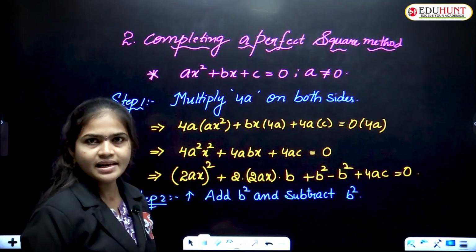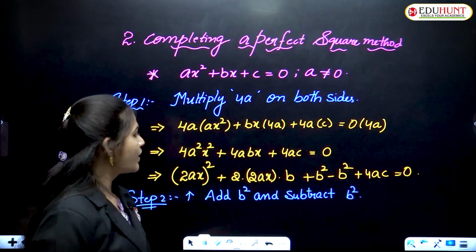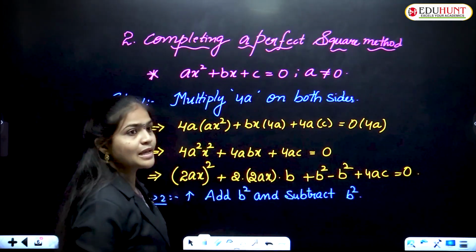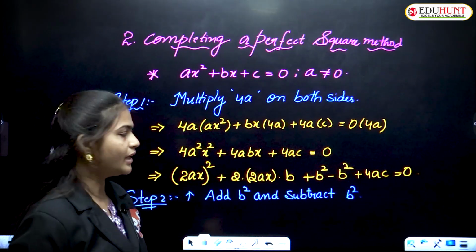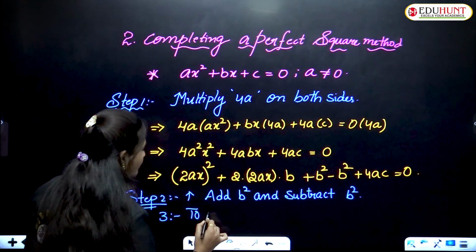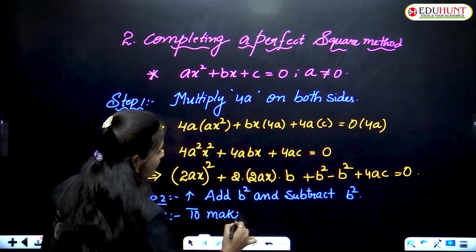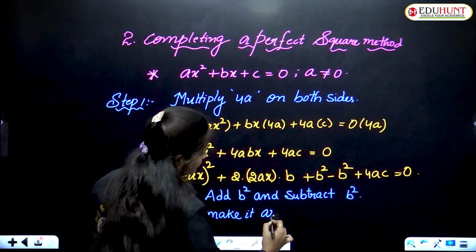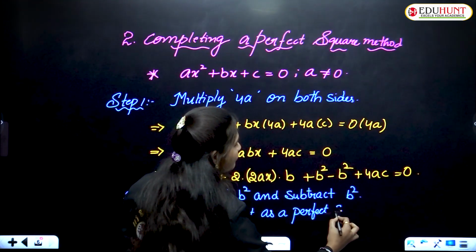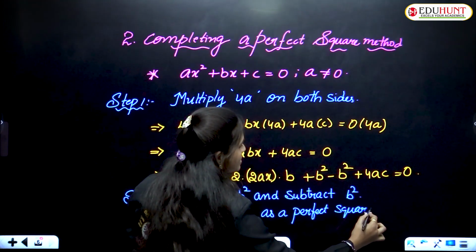This is the second step. And then next, we have to write this as a perfect square. So this is the next step.